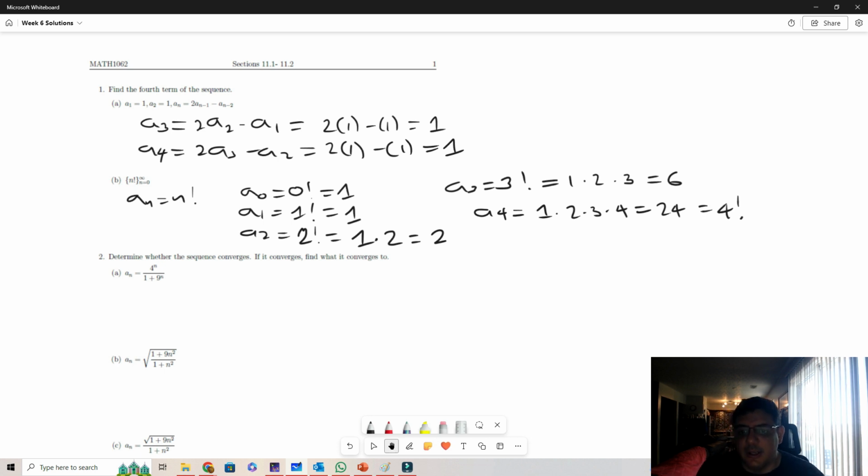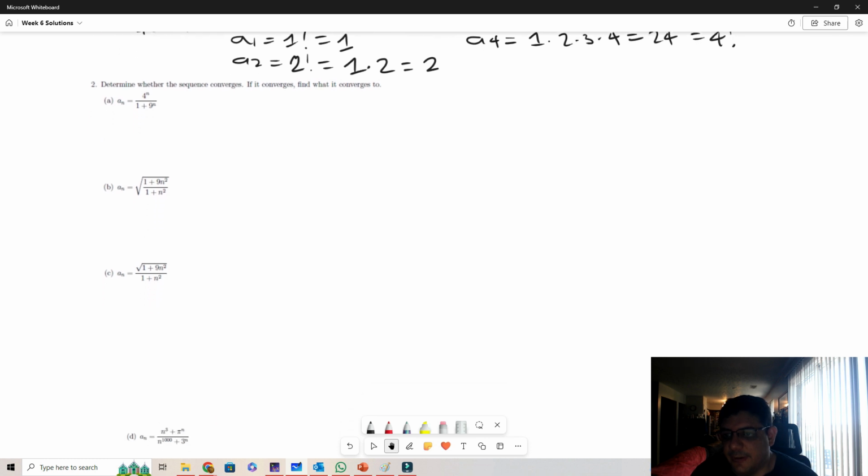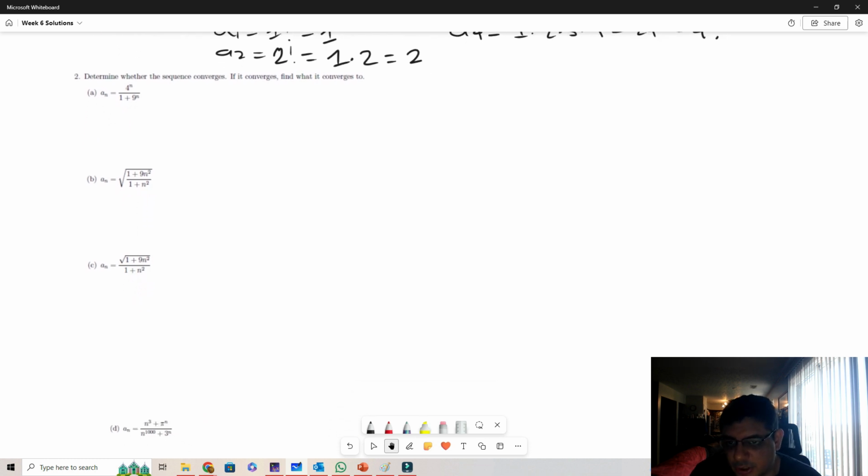Okay. Now question number 2 is about whether the sequence converges, and if it converges, what it converges to. So the first one is kind of hard to measure up what it does. Clearly, if I have 1 plus 9 to the n, that's going to be bigger than 9 to the n.